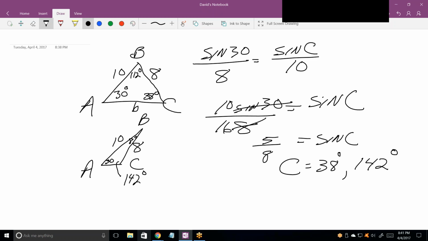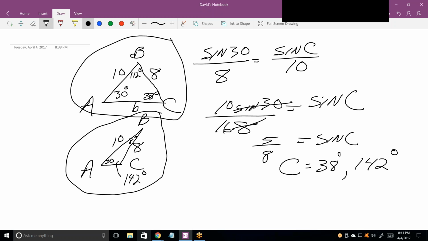In other words, it is still side-side-angle, or angle-side-side. When you have an angle-side-side, sometimes that can be two different triangles. There's one, there's two. And it all comes down to whether this second angle over here fits in the triangle.